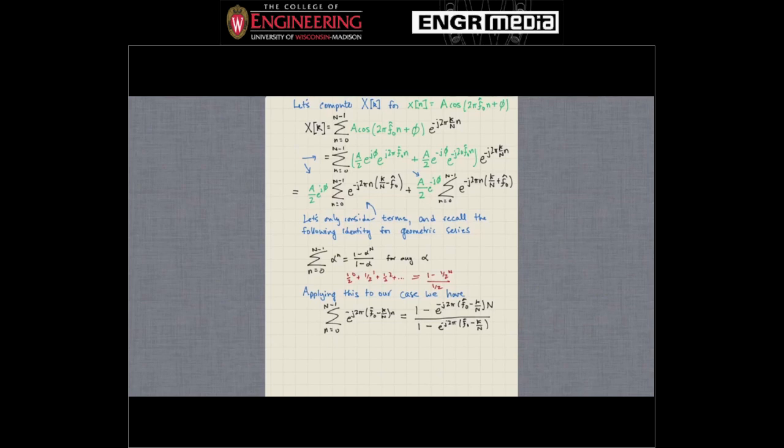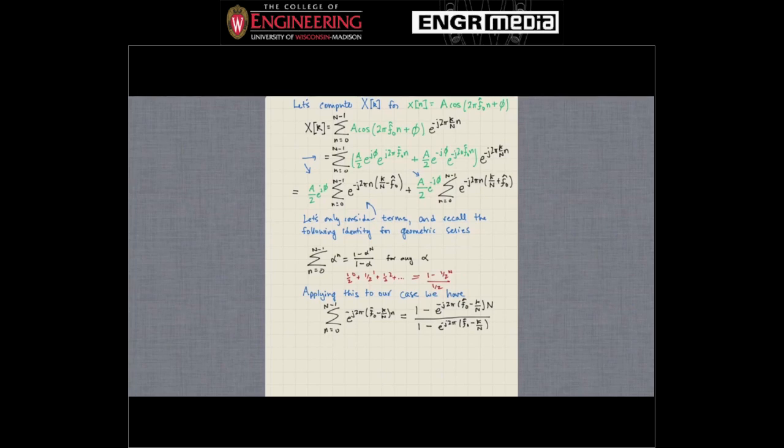All right, so let's go ahead and do that. Remember, I'm just going to consider this first sum, summing from n equals 0 to capital N minus 1 of this complex exponential times n.